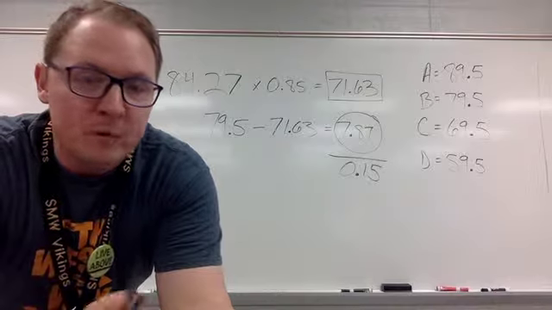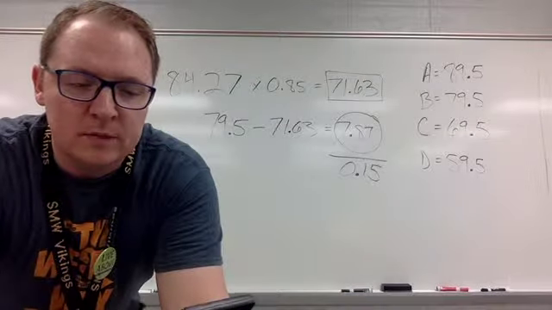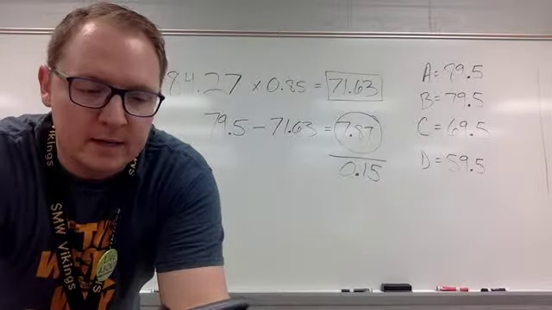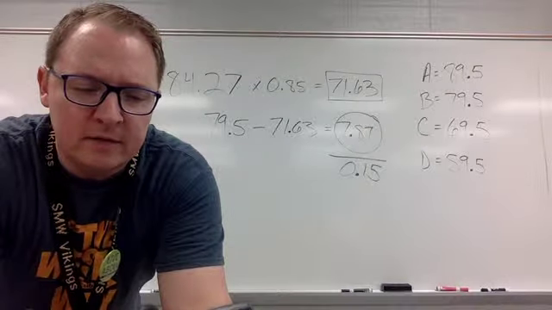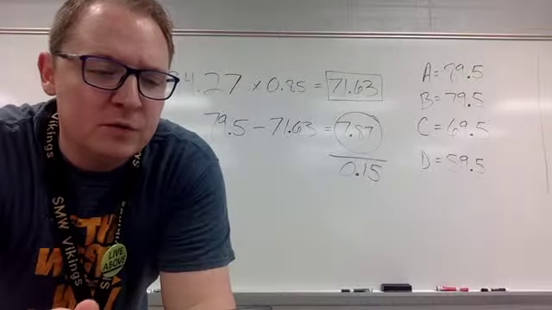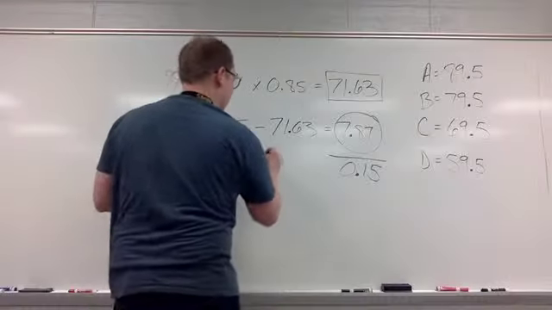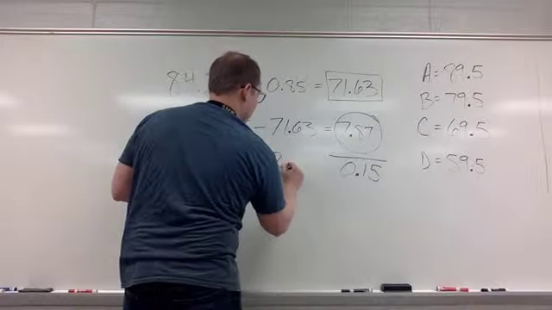Okay. When I do 7.87 divided by 0.15, I end up with a number of 52.5 approximately.